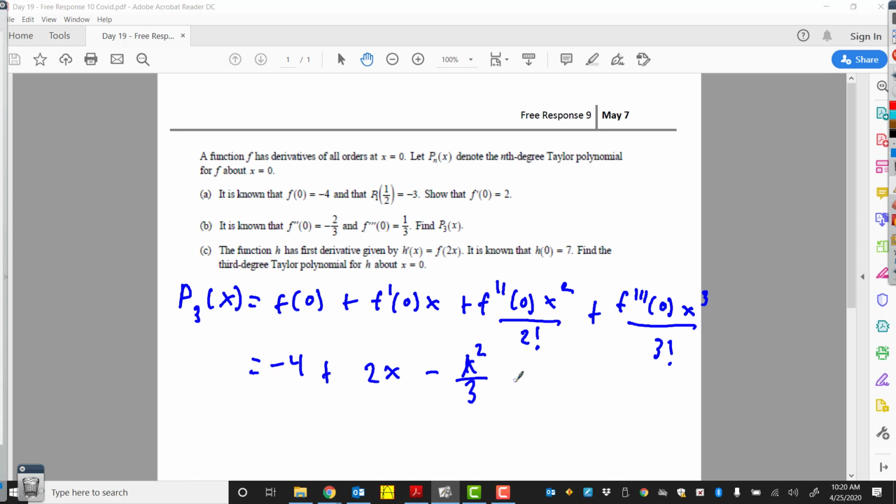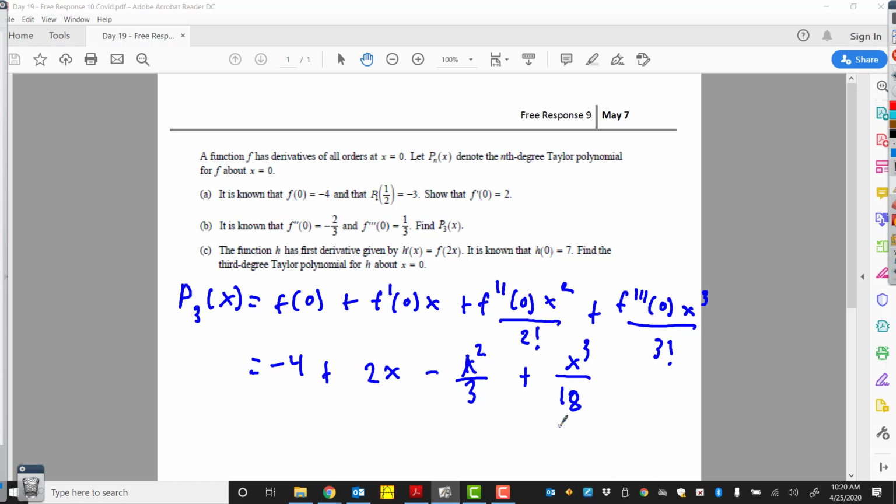Okay, and then plus, they tell us f triple prime of 0 is 1/3, so 3 factorial is 6, so that's plus x cubed over 18. And there's our third degree Taylor polynomial.